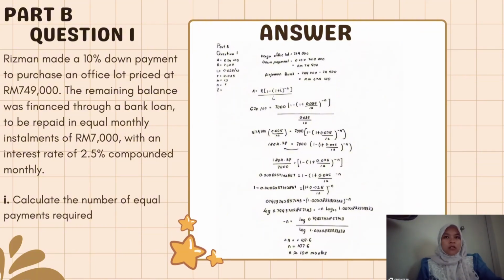Then we need to substitute all the values from the question into the formula, and the value of A you can multiply with the value of I, and after that the answer of the multiplication is 1404.38.